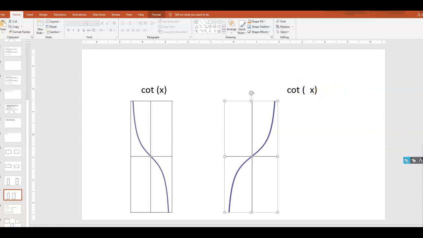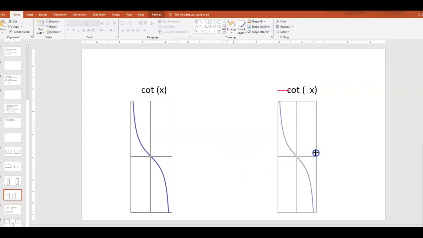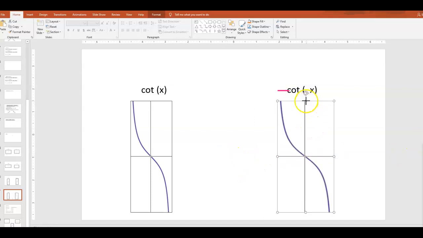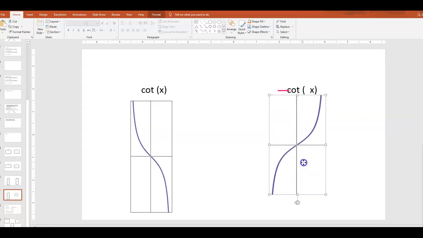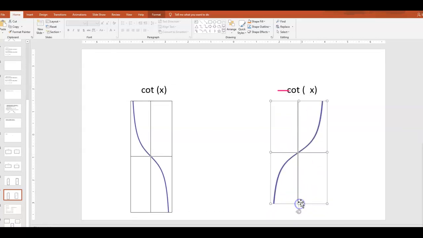The same thing happens if you put a negative on the outside. Here's what it usually looks like, but if I put a negative on the outside and flip it upside down, it just looks like a tangent function also. So tangent and cotangent are both odd functions. Whether you have the negative inside or outside, it looks the same with either type of reflection.